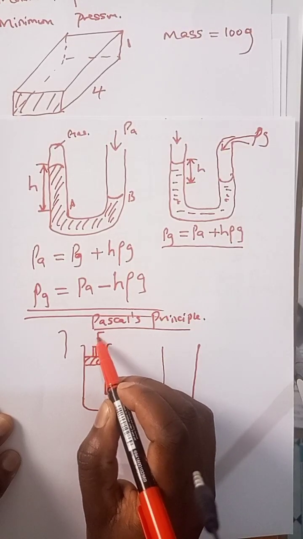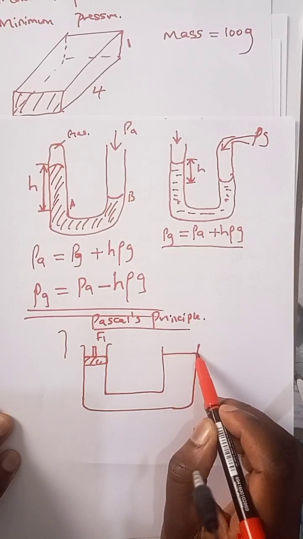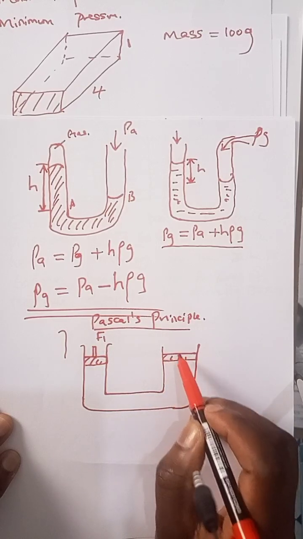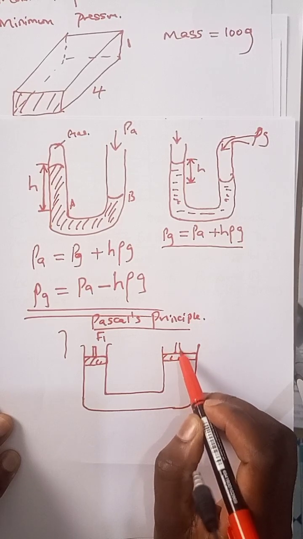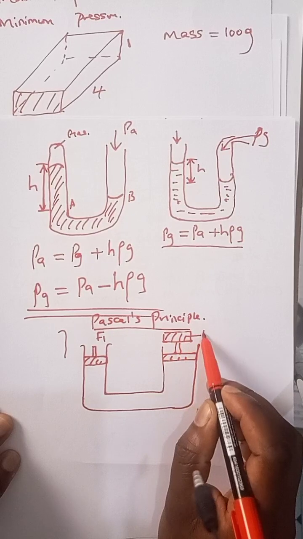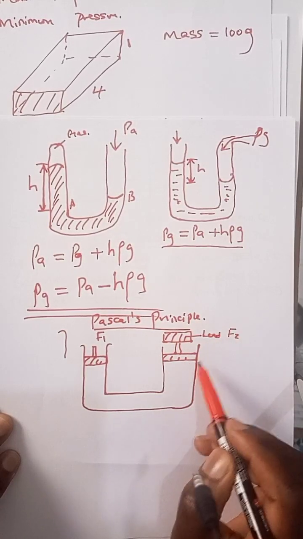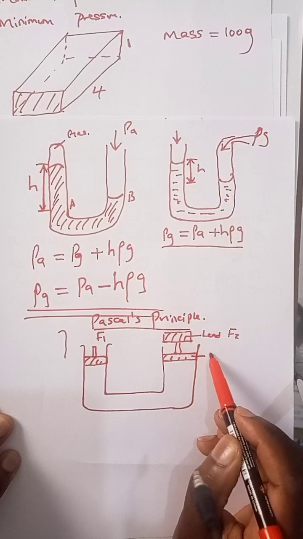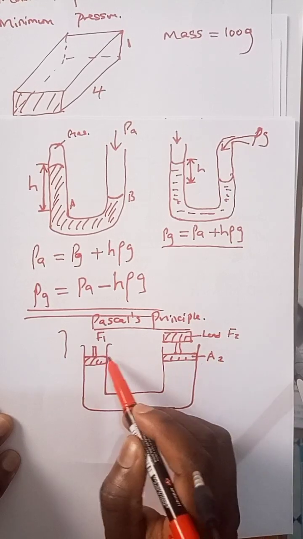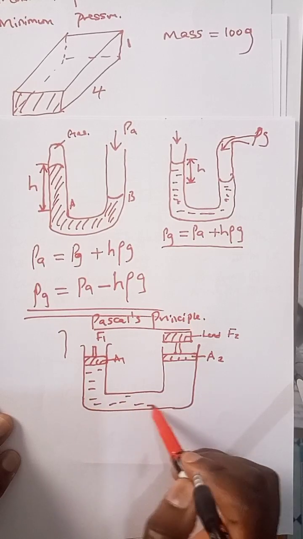We have force 1, and then the load is on the other end, providing force 2, and of course here we have a cross-section area 2 and a cross-section area 1, and then we have a fluid here.